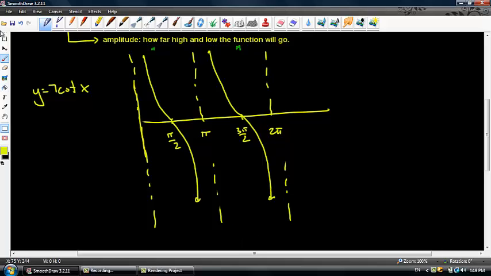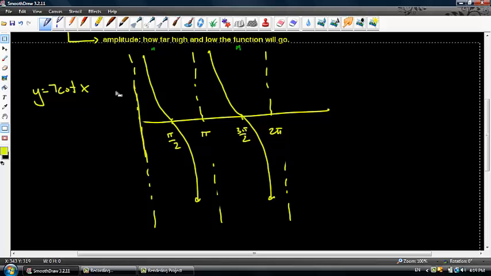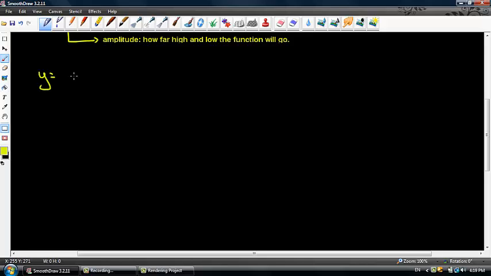Okay, so let's take a look at one last type of amplitude change, and that is a negative amplitude, or a negative coefficient out in front, and it's pretty easy. If I say y equals negative sine of x, well, if you remember back from the past, if I said y equals negative x squared, all this does is it flips the graph upside down.